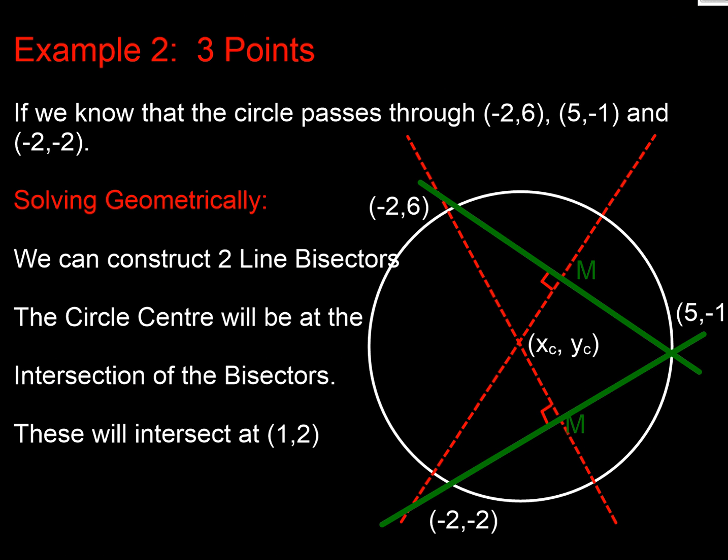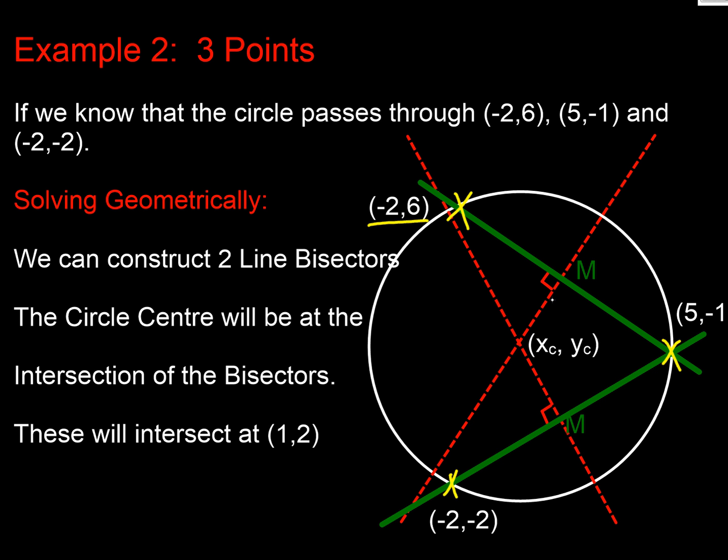Okay, let's have a look quickly now at solving the same problem if we just know 3 points. So here's point 1, our (2, -6), let's say, and here's the (5, -1) that we had in the previous example. Now let's add a third point, (-2, 6), as being the third point.